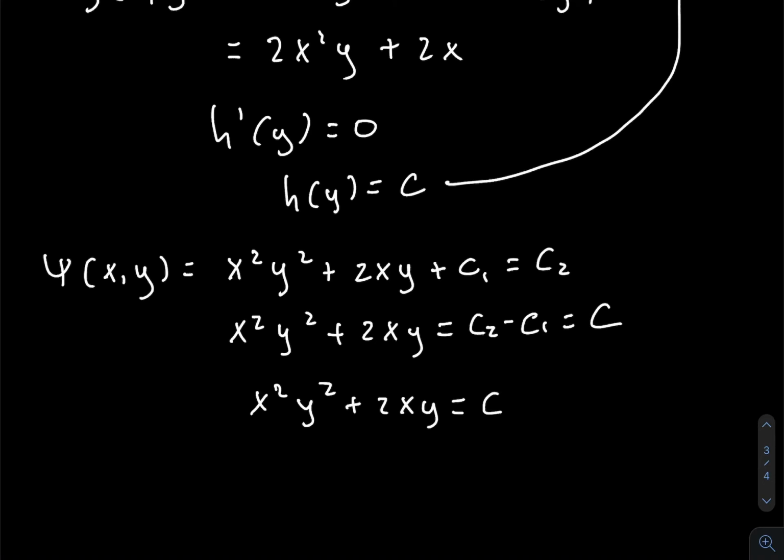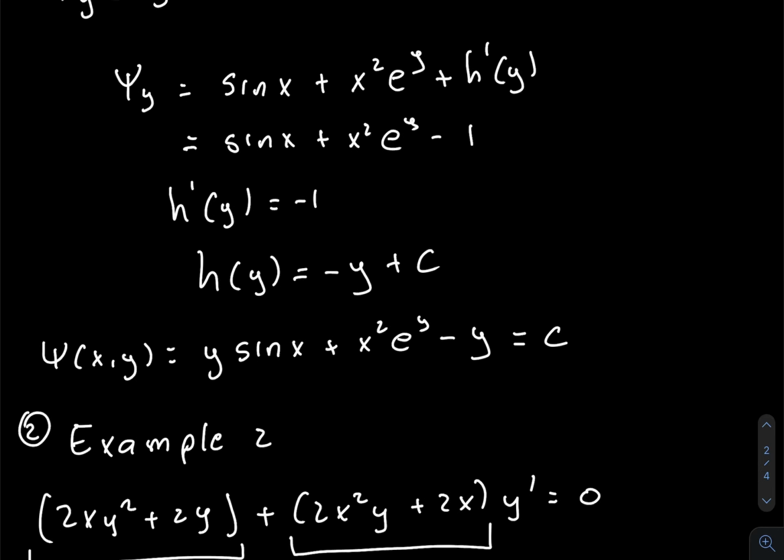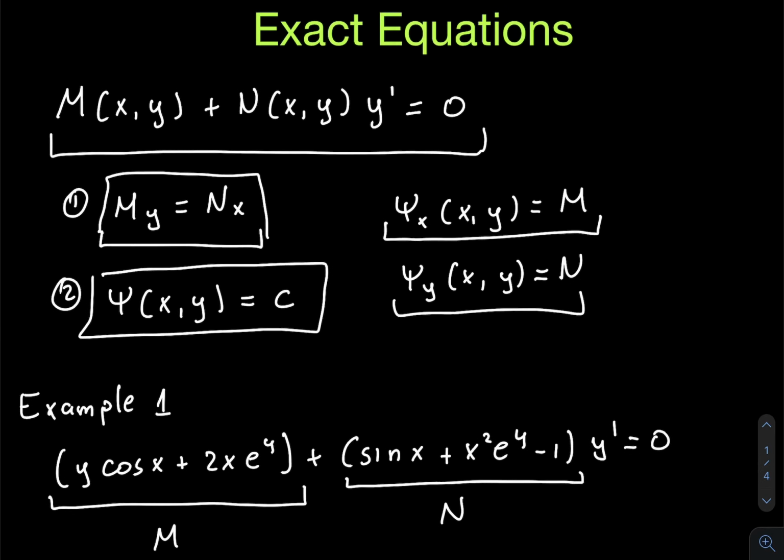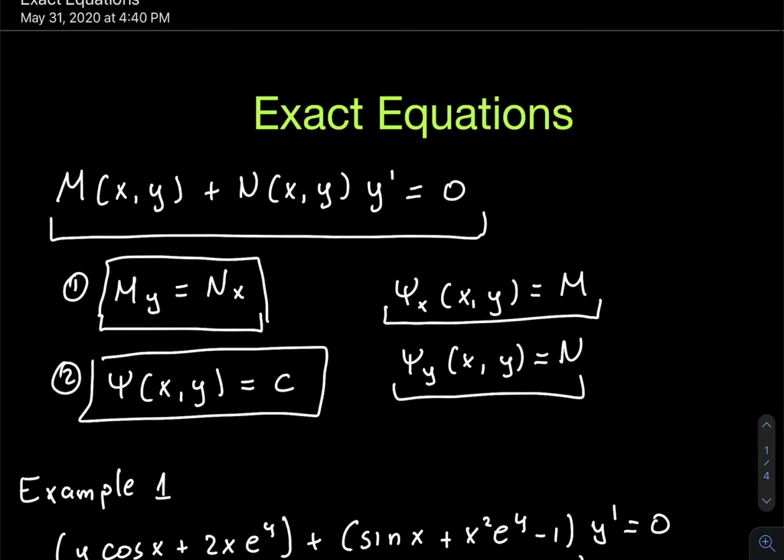There's a special case for exact equations that we're going to cover in the next video, but for now this is all you have to do. And let's go back one more time to the steps. So the first step will be to identify the functions m and n, and then we need to check if this equation is exact.